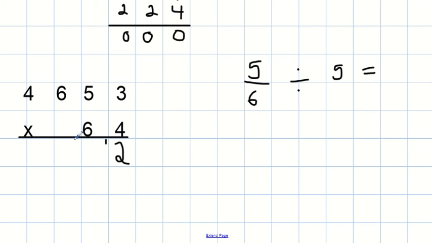Add the one we've carried, 21. Well done, everybody. 6 times 4 is 24. Add the 2 that you carried, 26. 4 times 4 is 16. Add the 2 you've carried, 18.